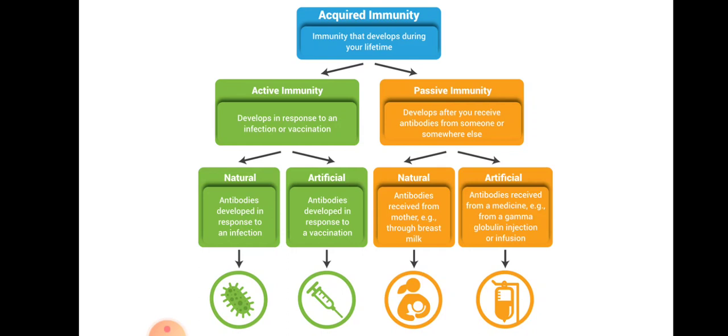Natural immunity is what you get from natural infection, and artificial immunity you get from injections. Coming to passive immunity, natural immunity you get from the mother through breast milk, and artificial immunity you get from injections, vaccinations or infusions.